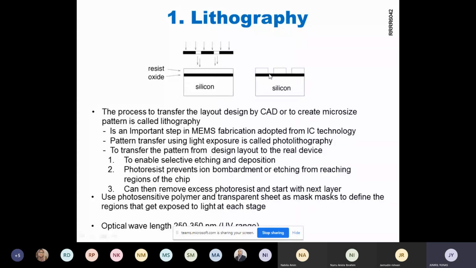So we have the metal over the silicon. The photoresist will prevent ion bombardment or etching from reaching regions of the chip. Using this pattern we can also remove the photoresist and start with a new layer.